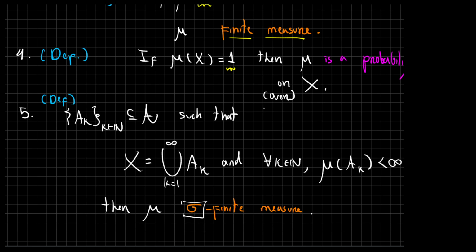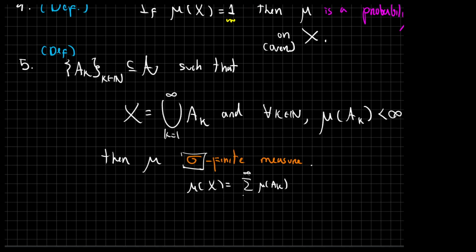A sigma finite measure doesn't necessarily imply that the value on X will be finite. Going by definition, this will be equal to the series here, and even though these terms are finite, it doesn't necessarily imply that the series is convergent.